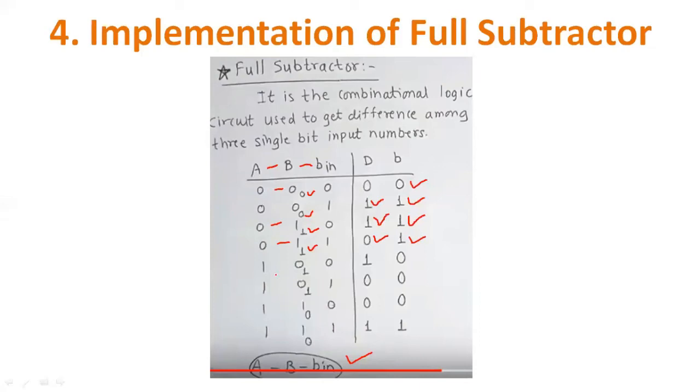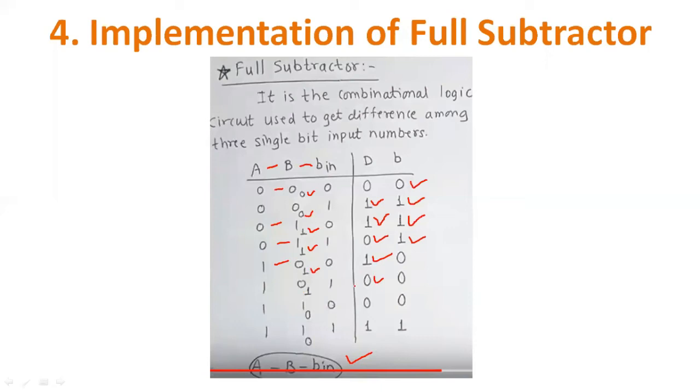Then 1 minus 0, the difference is 1, but the result is positive, so the borrow is not set. Then 1 minus 0, the difference is 1, so here 1 is written. Then 1 minus 0, difference is 1, but the result is positive, so borrow is not generated. 1 minus 1, difference is 0.